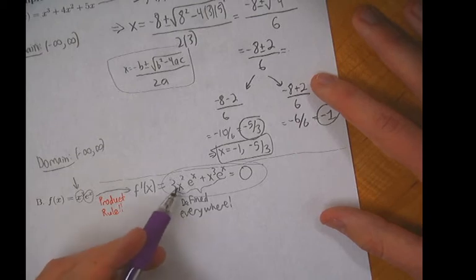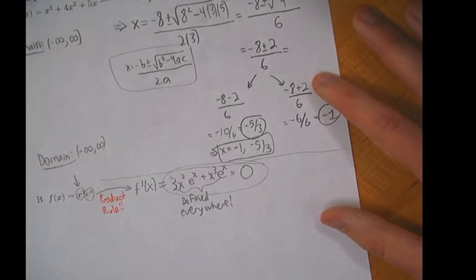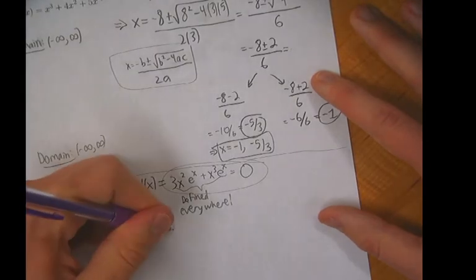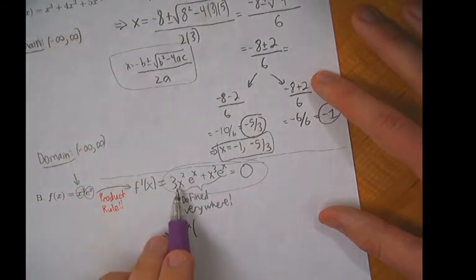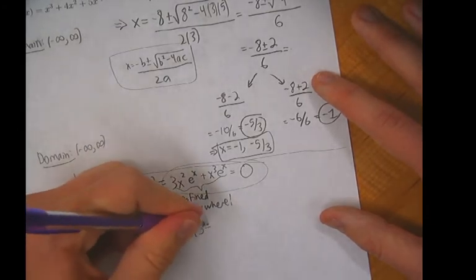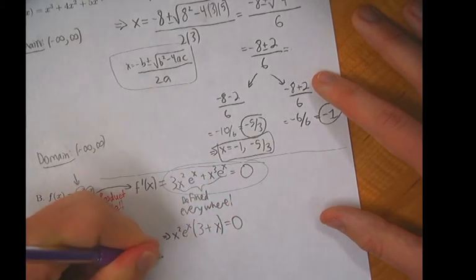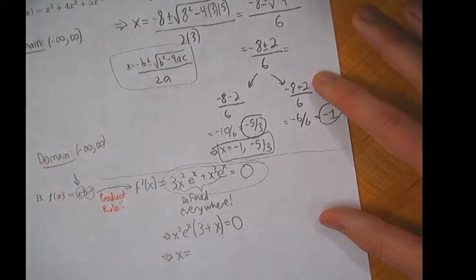So what can we factor out of both terms? x squared e to the x. So if we factor that out, we end up with 3 on the first term, plus x on the second term, equals 0. So that should pretty quickly tell you that the critical points that we need here are what?